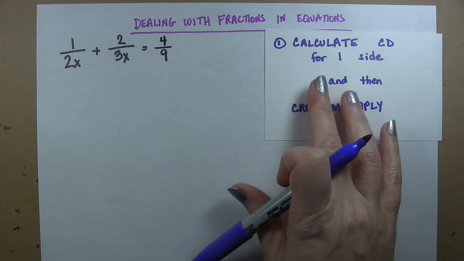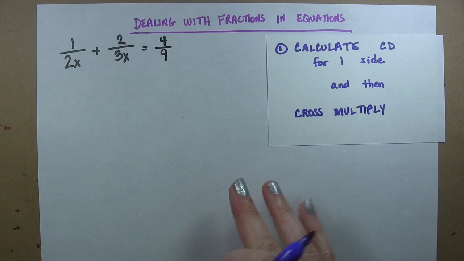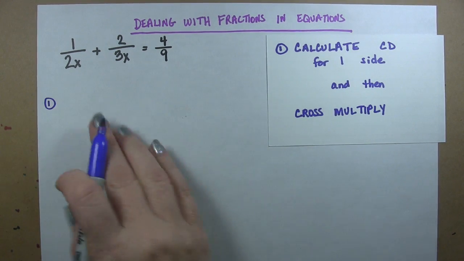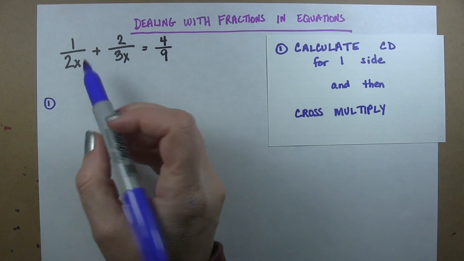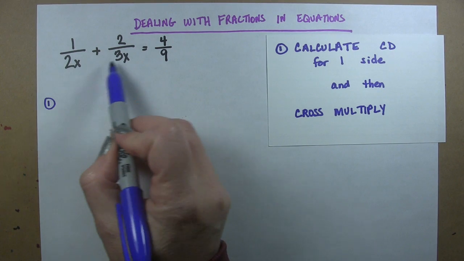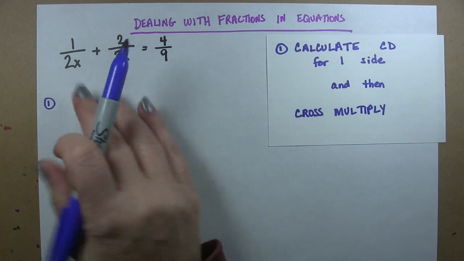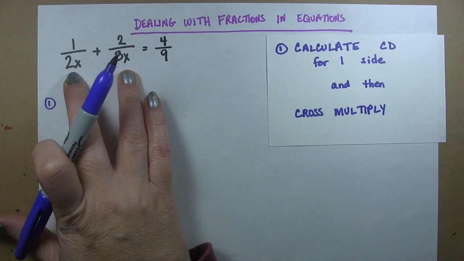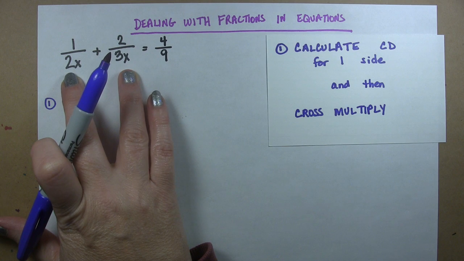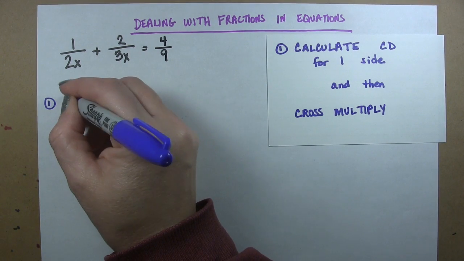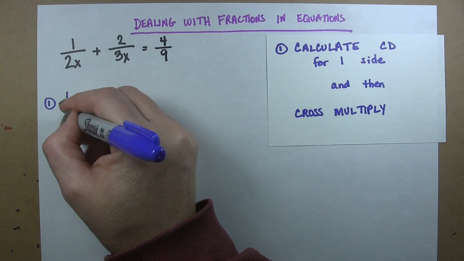I'm going to do this in blue so that it matches my little blue rule here. So I'm going to figure out a common denominator just for this side of the equation. And you should be able to see, I hope, that 6x would be a wonderful common denominator here. So I'm going to do 1 over 2x.